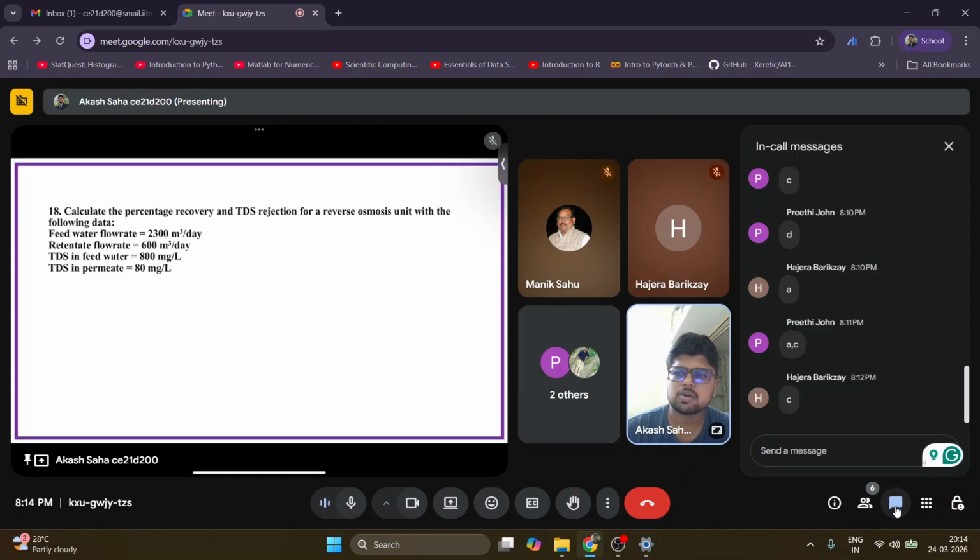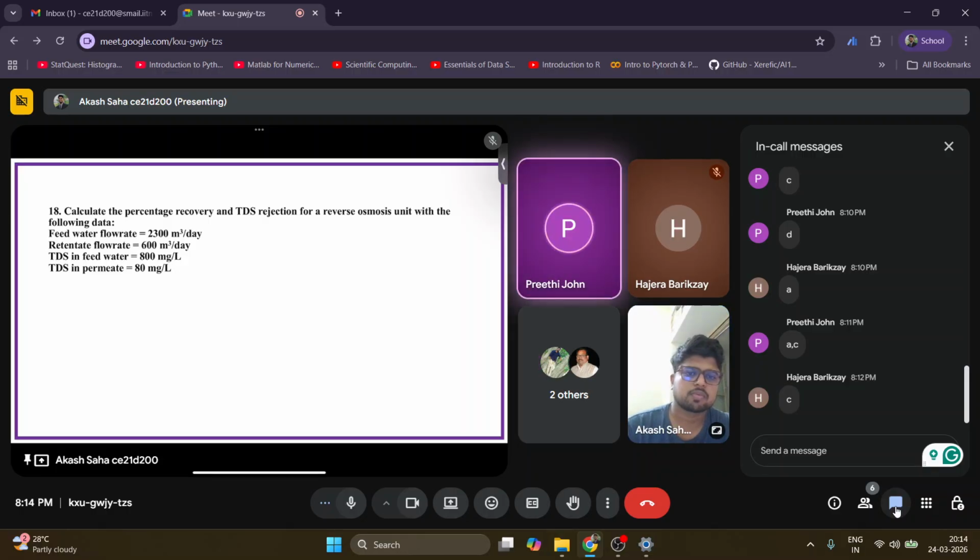Any idea how to calculate this? Subtract the retentate from feed water and calculate how much is the percentage recovered, and then multiply it. Yeah, that is fine.